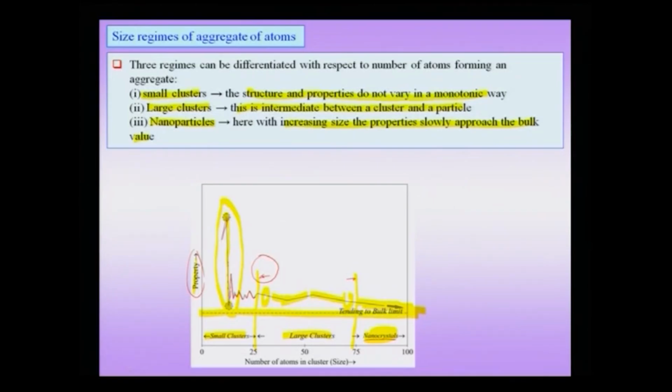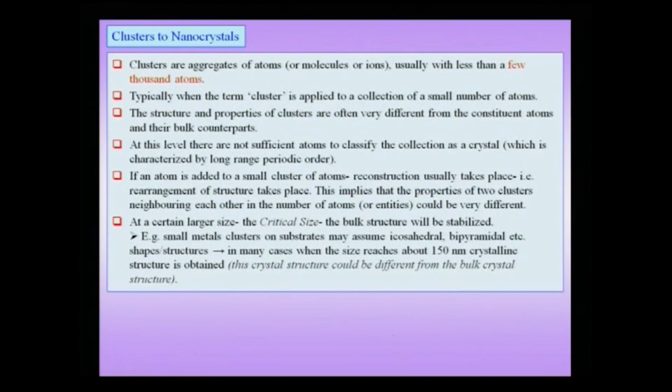In the small cluster regime, which is in some sense a very interesting regime, a mere addition of one particle or one atom or one molecule can lead to a drastic change in the properties, and these fluctuations with respect to size would die down in the large cluster regime, wherein the oscillations become smaller, and of course, in the nanocrystal regime it becomes monotonic.